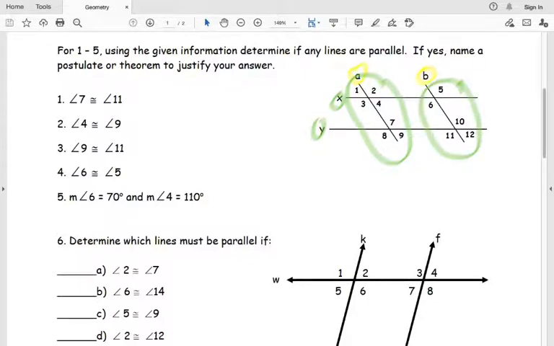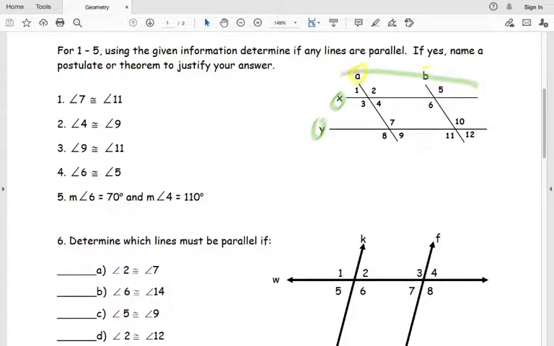Those are angles that are either formed by, in fact, let me go back. These angles I have highlighted in green right here are angles formed by lines X and Y and transversal A, and they have a relationship with each other. If you look at these angles right here, these are angles formed by lines X and Y and transversal B, so they have a relationship with each other.